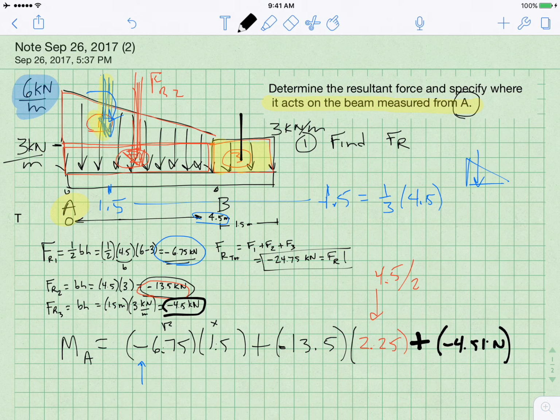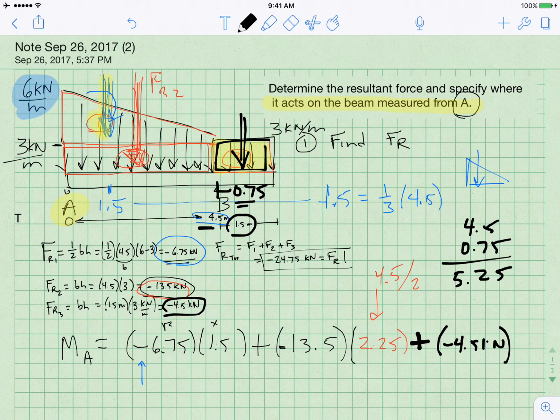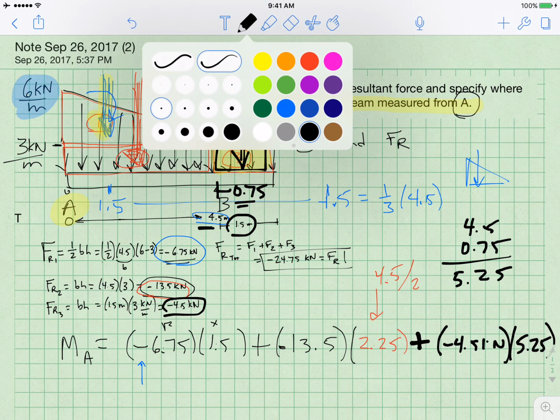We want to locate this force exactly halfway in the middle of this rectangle. So that means it's going to be at a distance of 0.75 from B, which means that its total distance will be 4.5 plus 0.75. What is 4.5 plus 0.75? Well, that is 5.25. All right, we're almost done.